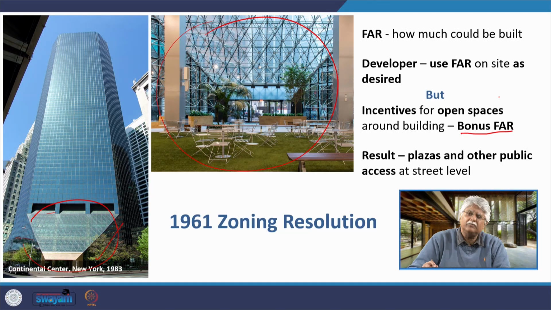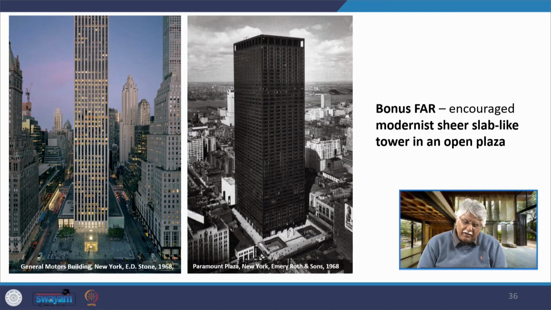And because the client or the builders were very interested to build more FAR, this bonus FAR was an incentive for them, and thus they started providing plazas and other public spaces at the street level, and it became a win-win situation for everybody.